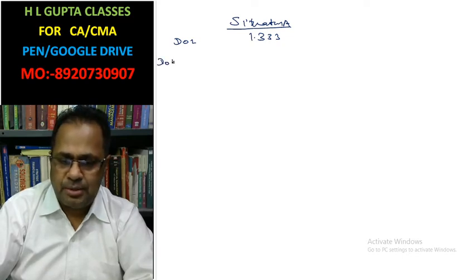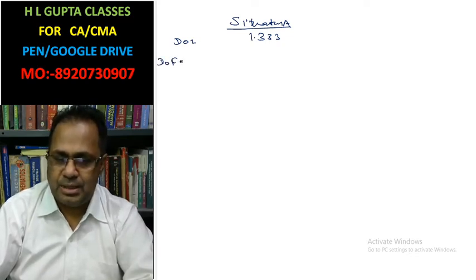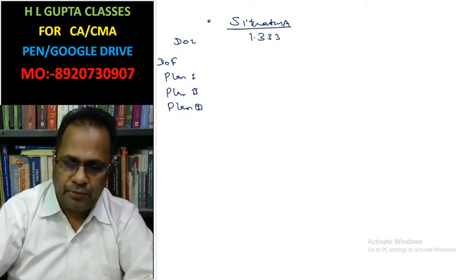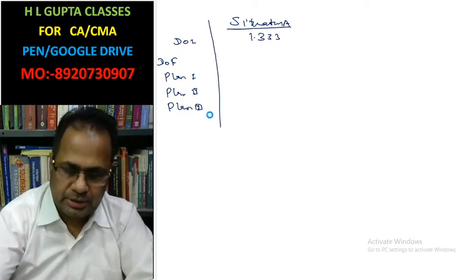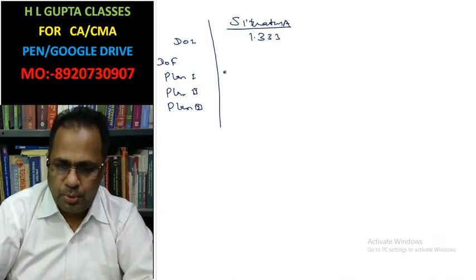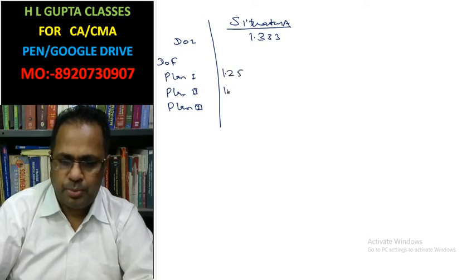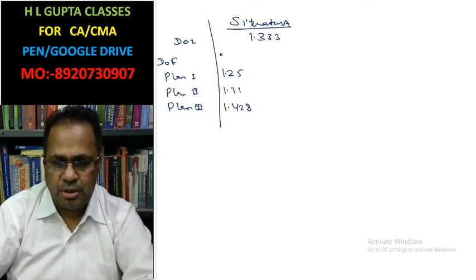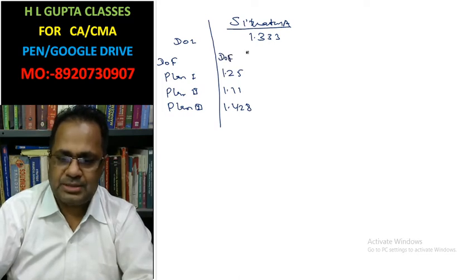Degree of financial leverage: in plan first, plan second, and plan third, it is 1.25, 1.11, and 1.428. This is your degree of financial leverage.